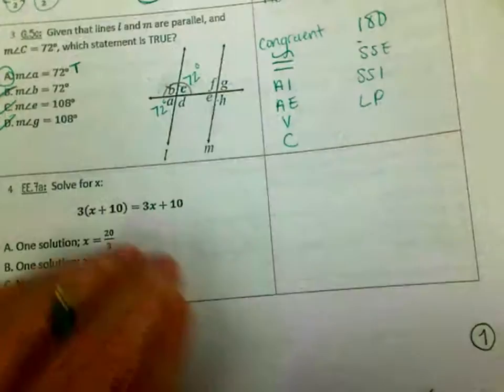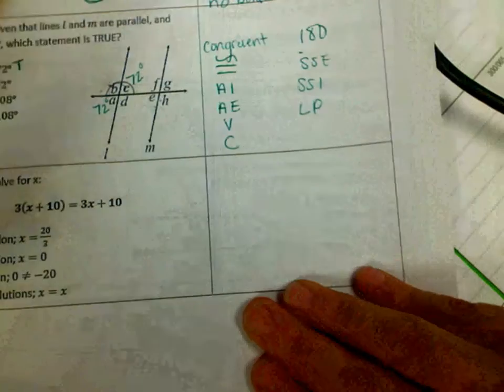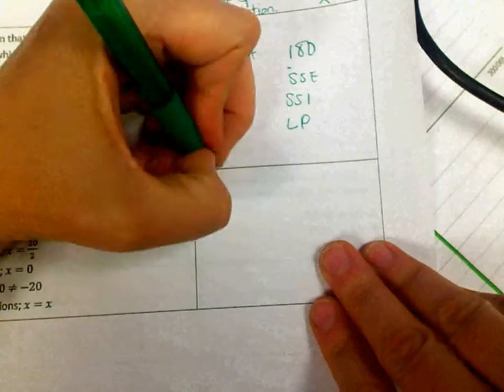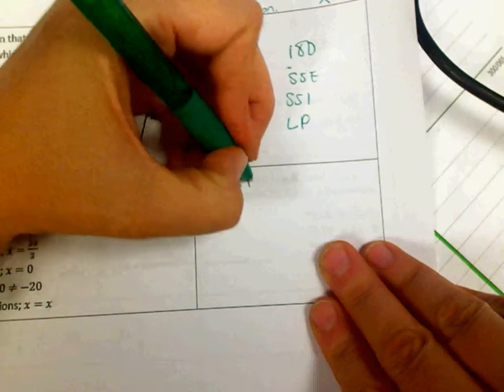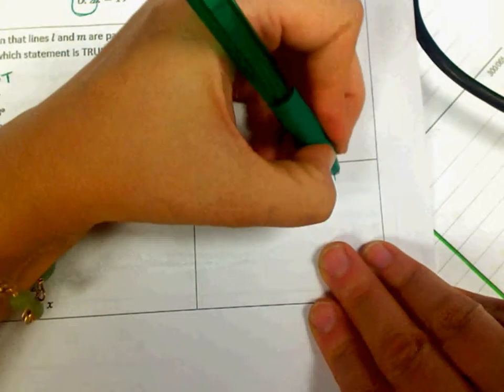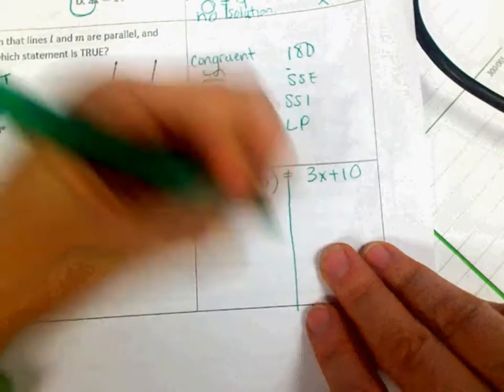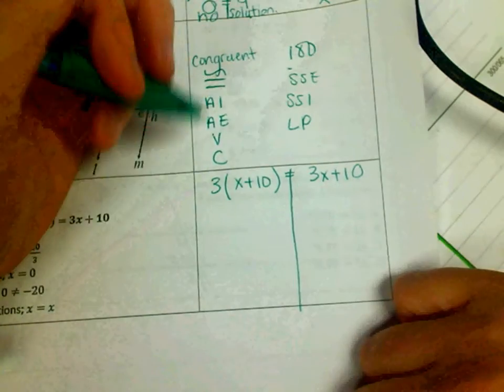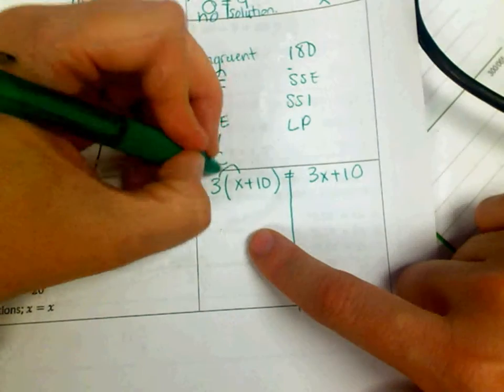Okay, number 4 asks you to solve for x. Rewrite it over here. 3 parentheses x plus 10 equals 3x plus 10. You always have to distribute when you have parentheses before you do anything else.